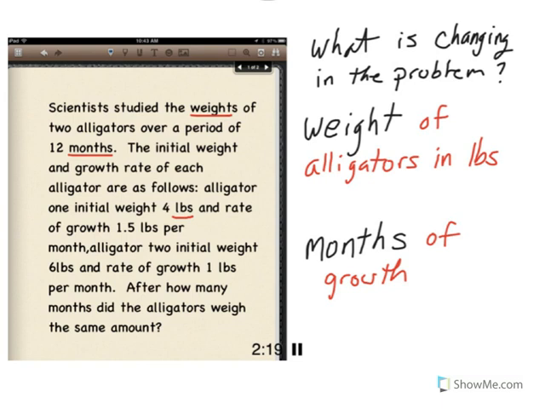So, let's go back to the problem now. Suppose we use letters to represent these variables. I would like to use the letter W to represent the weight of the alligators in pounds. And I'd like to use the letter T to represent the months of growth. Please pause the video and put this into your notes.